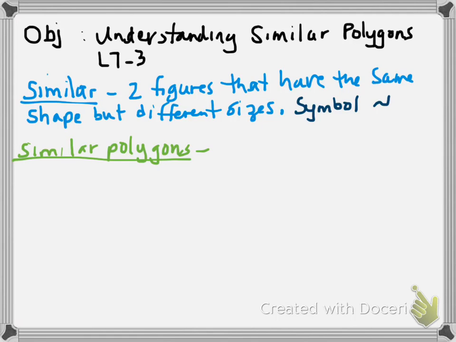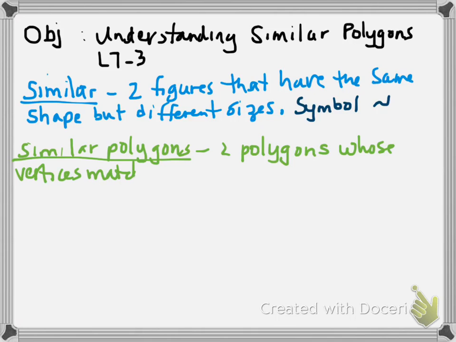What we have are two polygons, so any three-sided or more shape whose vertices match up. And what we mean by that is they correspond. And then we have a couple of other criteria.